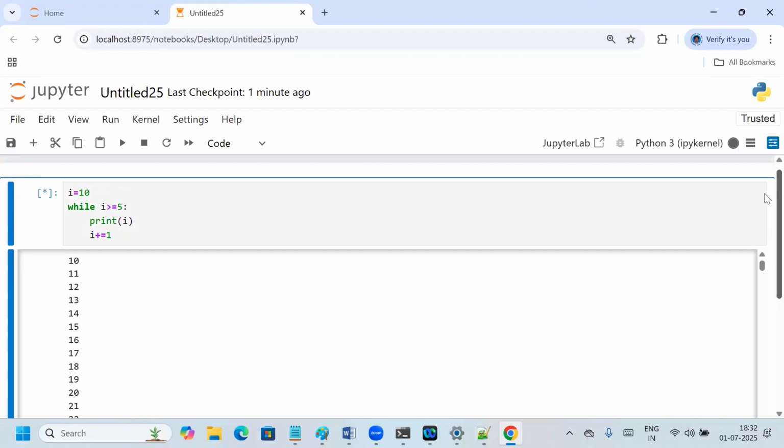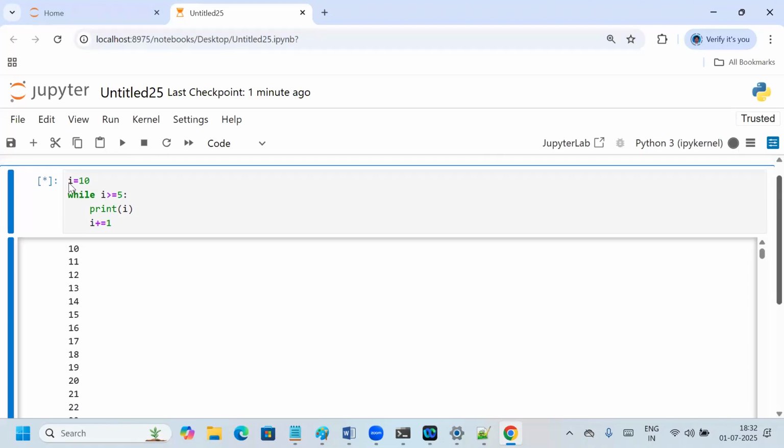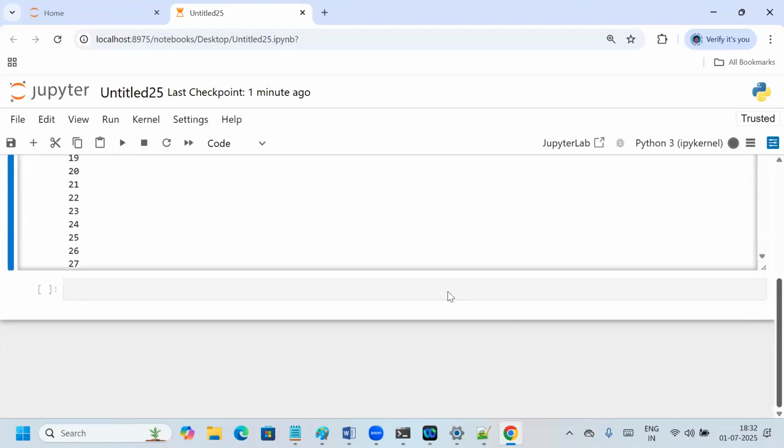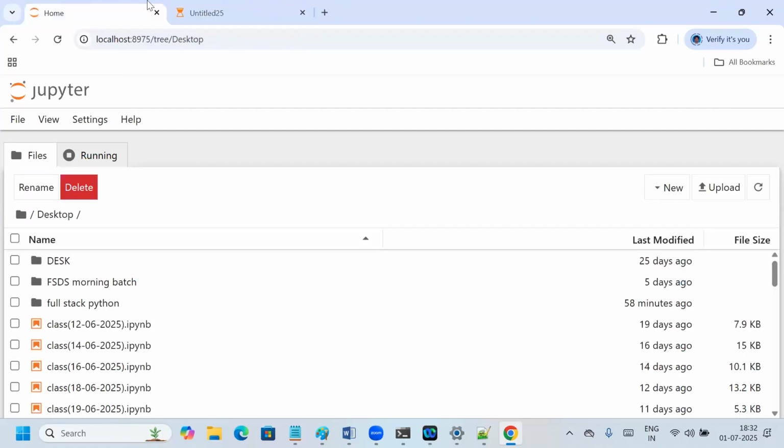Understand the difference, guys, see here. What I did here: I have taken i value as 10 and I'm making the condition n by 2. If you write the condition like this, suppose I'm telling this has got stuck. Please understand the difference, guys. Let me close it.